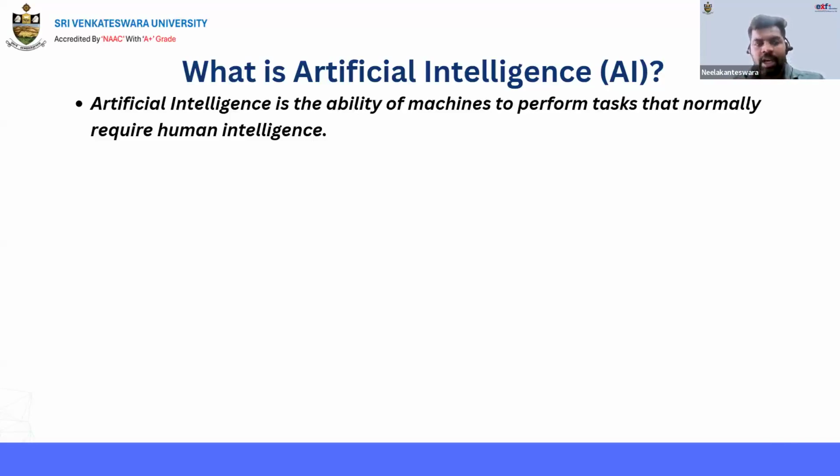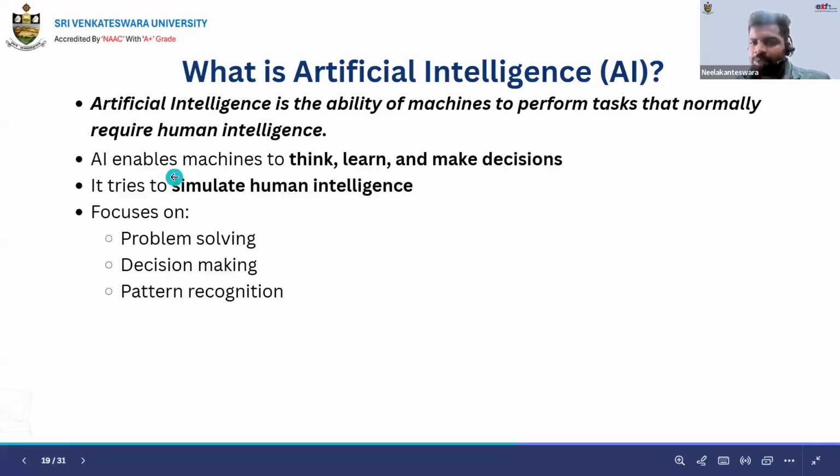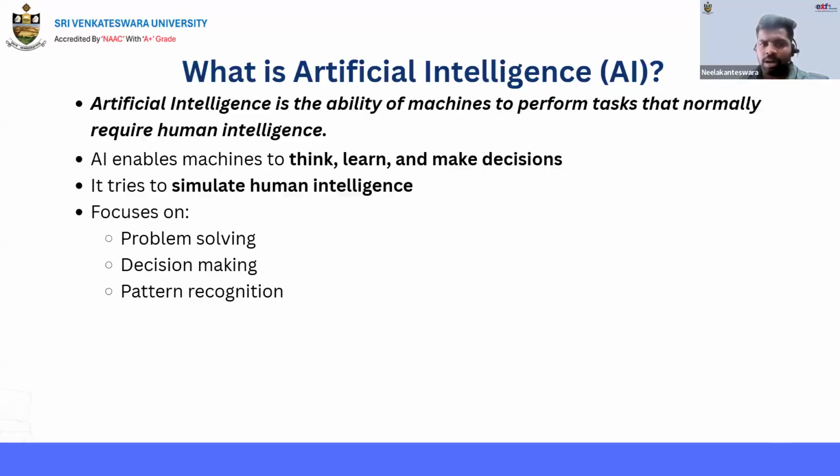These are all done by humans, and the same things are mimicked by special AI systems. That means AI systems can enable machines to think, learn, and make decisions. This is the main usage of artificial intelligence, and it tries to simulate human intelligence.